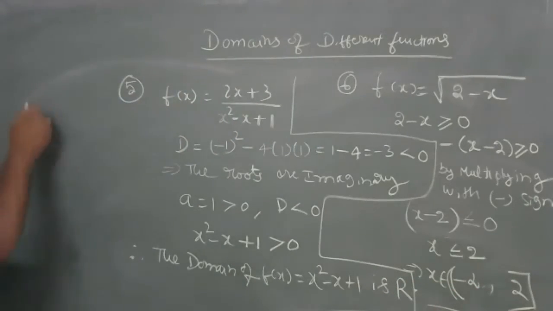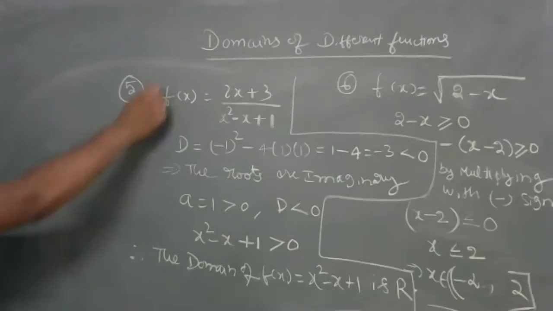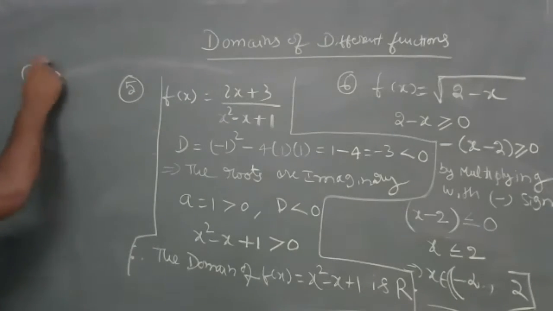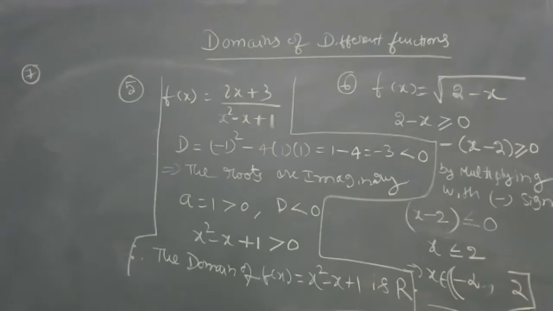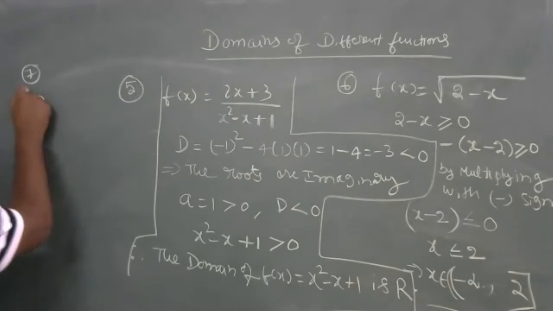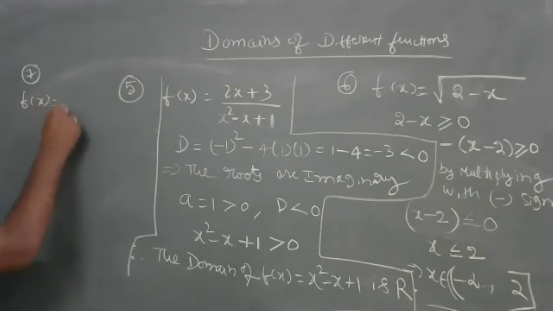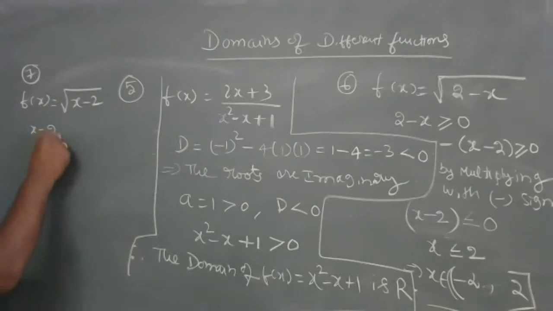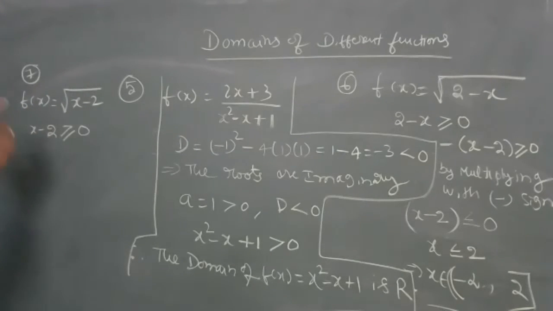Next, one more problem we will do here. Some space is there, so we use this space. What is the domain of f of x equal to square root of x minus 2? Here x minus 2 has to be greater than or equal to 0, because under the square root you should not have negative values.